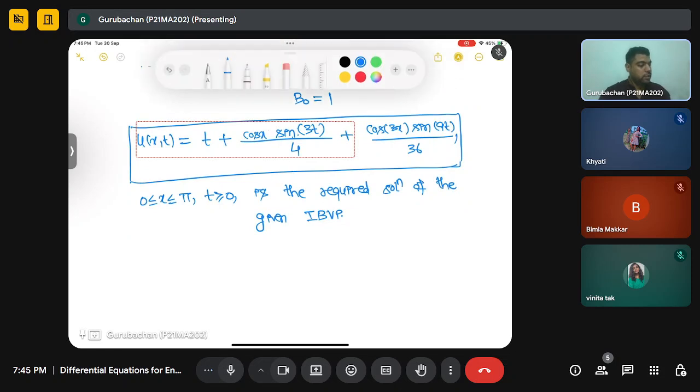Okay, so this is a different case of the Sturm-Liouville problem. Now in the last question we will take another boundary condition, which will lead us to a different Sturm-Liouville problem.